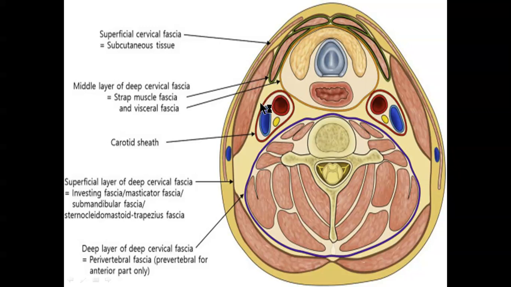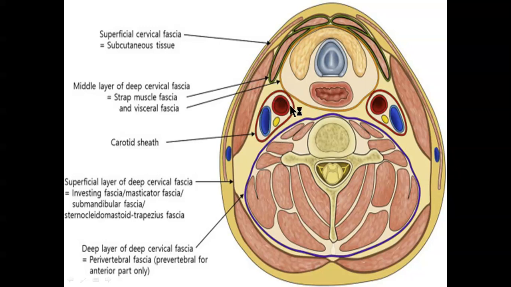So ansa cervicalis will be located here, whereas the sympathetic fibers would be located posteriorly somewhere here, posterior to this carotid sheath. So that is the location of the ansa cervicalis and sympathetic chain.